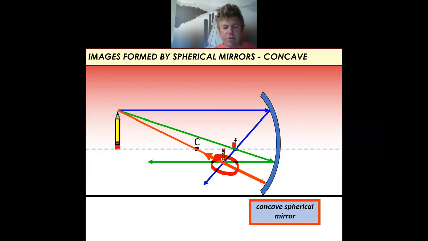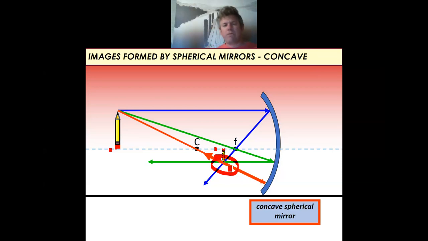Okay? So notice the image right there. As we draw the image, notice how it looks from the eraser here to the eraser there, right? Both erasers are on that principal axis. The tip of the pencil is drawn through the points where these three hit. Now, if the three don't hit perfectly, it's absolutely okay.